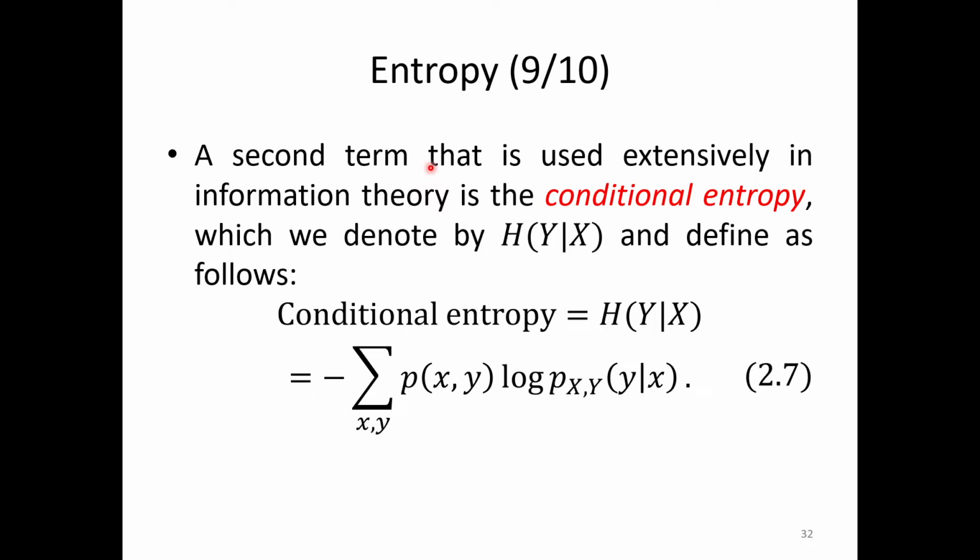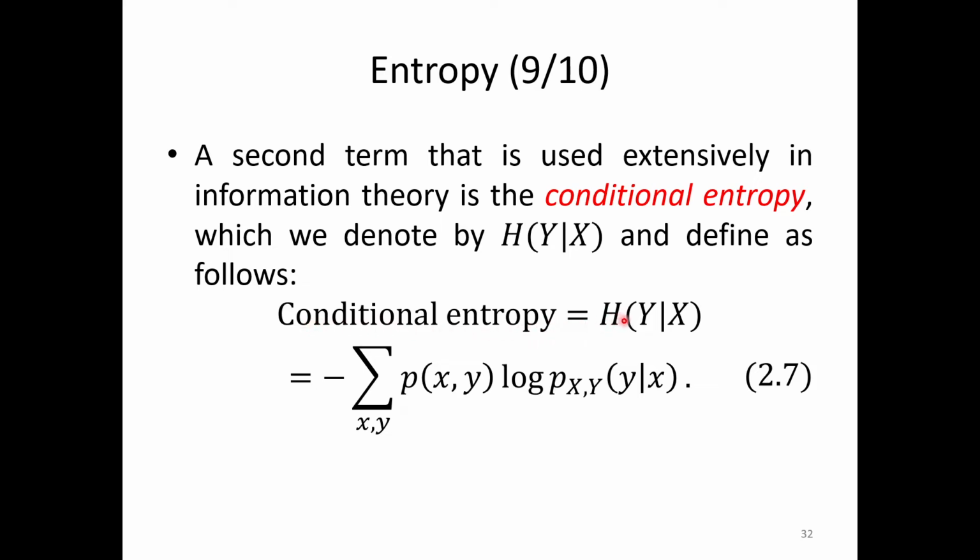Okay, a second term that is used extensively in information theory is the conditional entropy, which we denote by H of Y given X and define as follows.